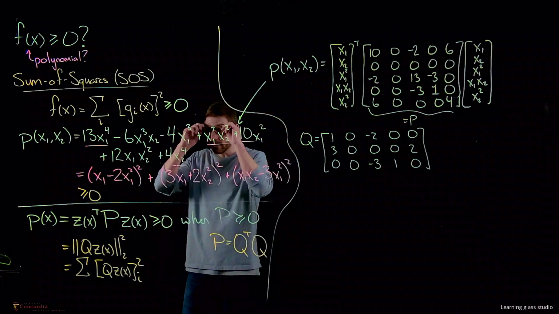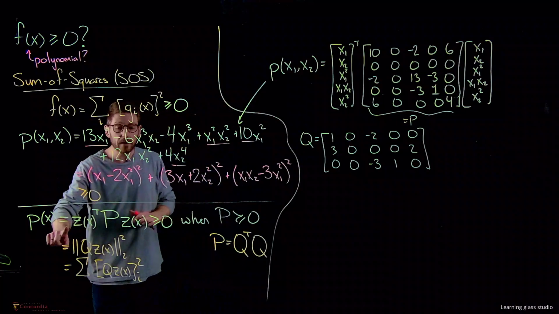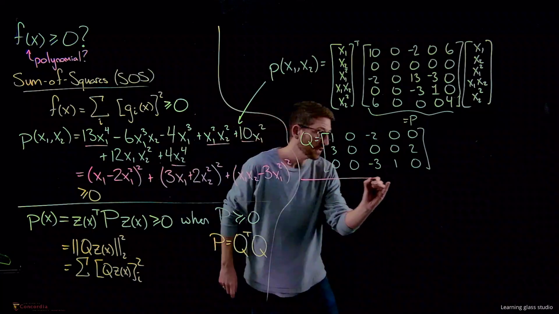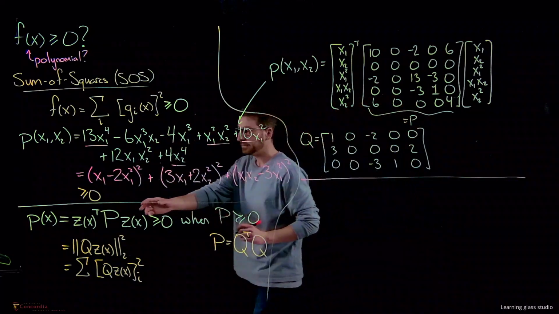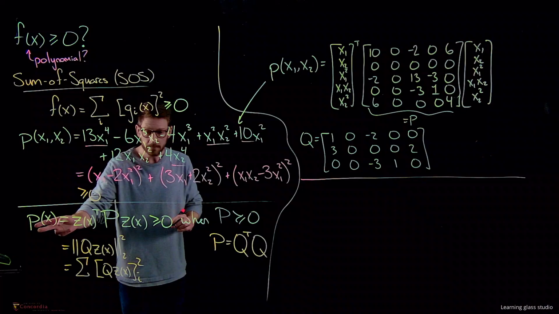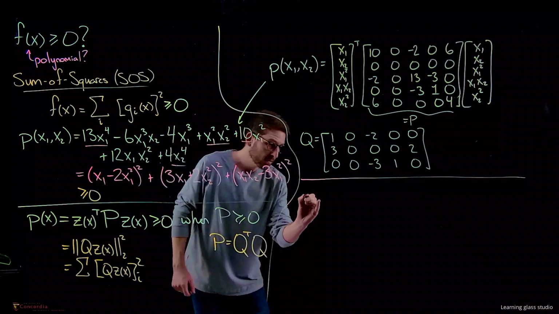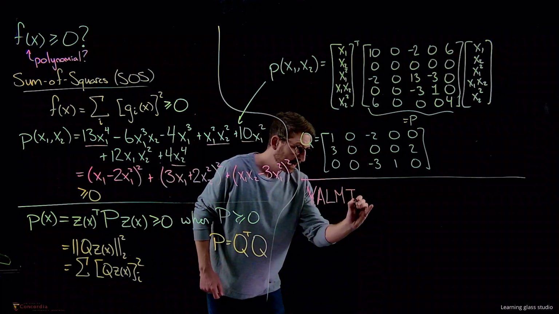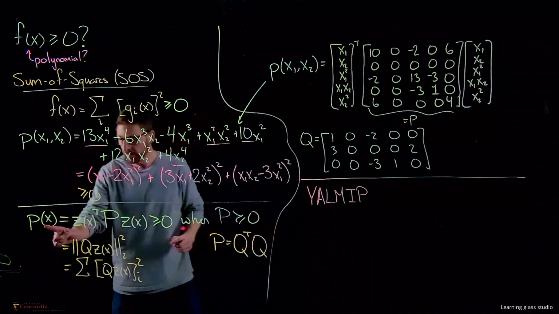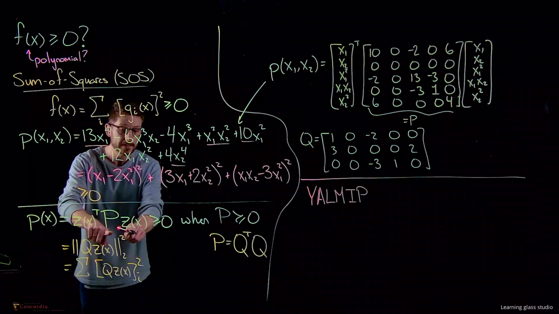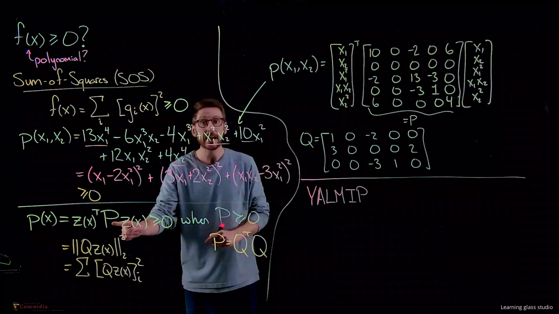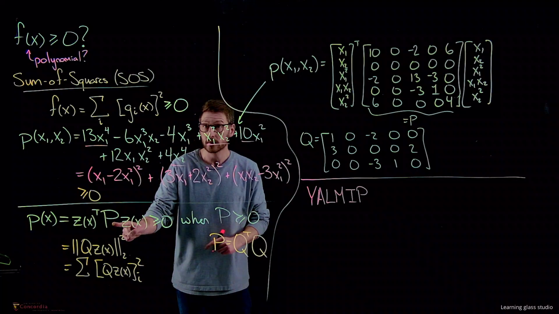In fact, we have software that will do this for you, okay? If you feed in a polynomial, the software which I use, called YALMIP, will translate the problem from this side that you gave it into this side right here. It will translate it into a problem of finding a semidefinite matrix.